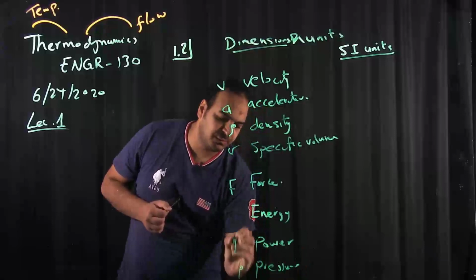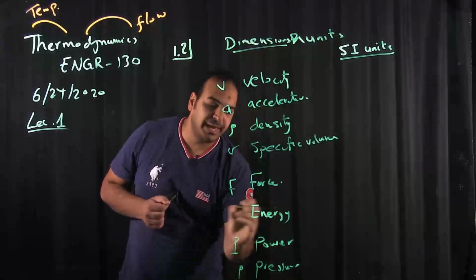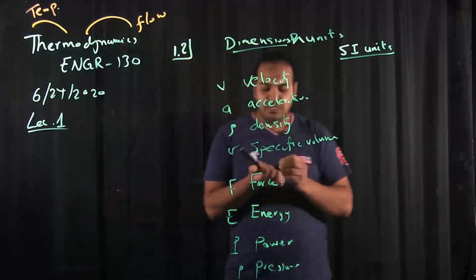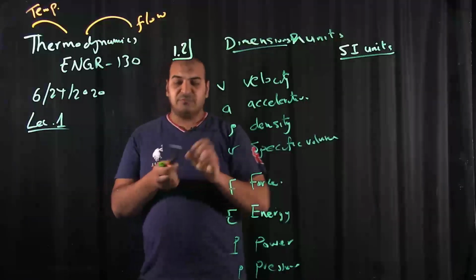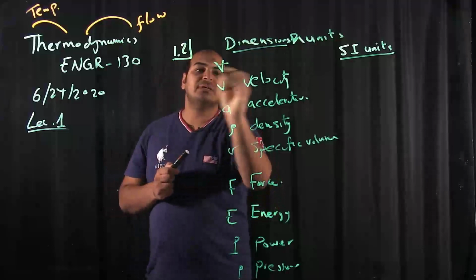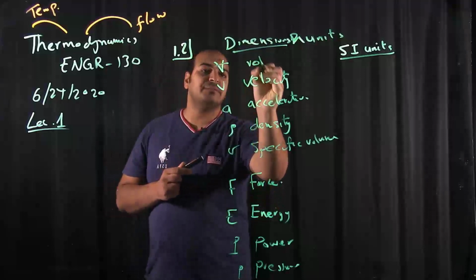Pressure is P small, power is P capital or sometimes W, energy E. These are the most used symbolic notations. For volume, capital V.